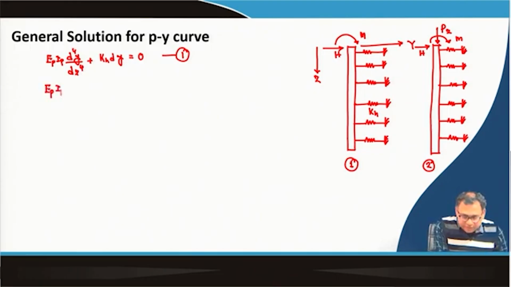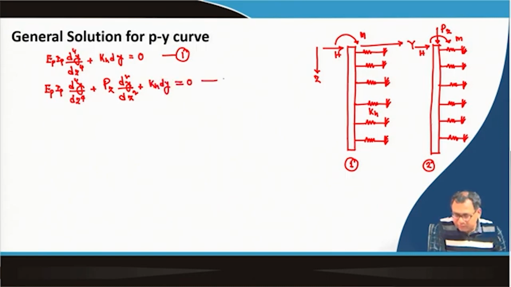So, this will be the basic equation, plus Pz d²y/dz², plus kh d y, equal to 0.